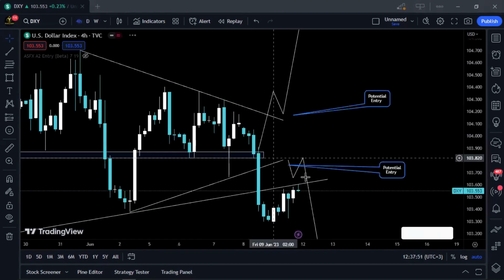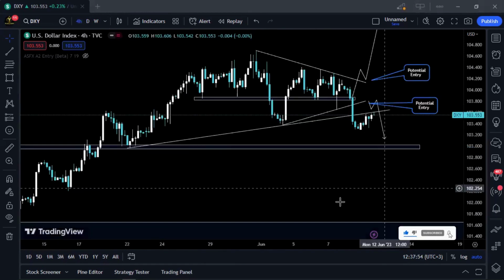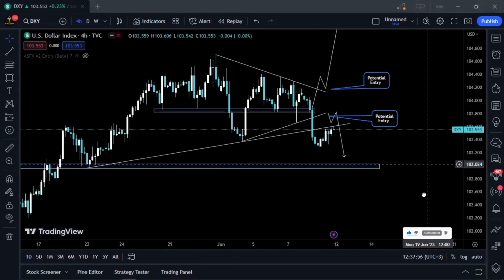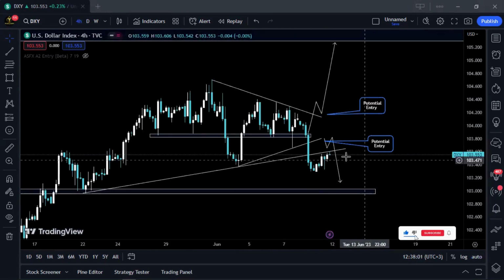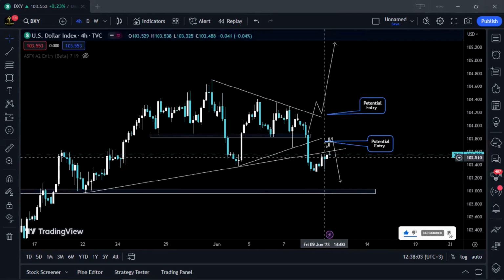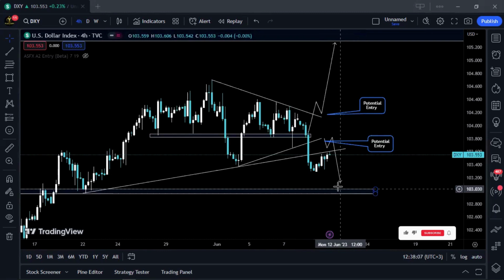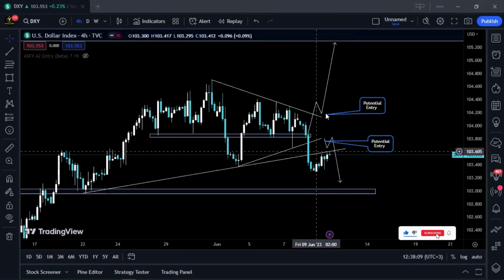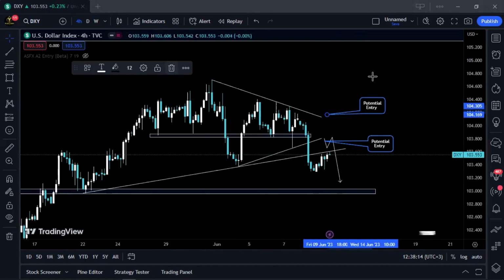So once we switch to the 4 hours, if you remember, I sent this setup, showing you that if prices break above here, we'll be looking for buys until prices reach up here, and should prices break below here, we'll be looking for sells for prices to push until they reach down here. So prices broke below here, so obviously this becomes invalid.